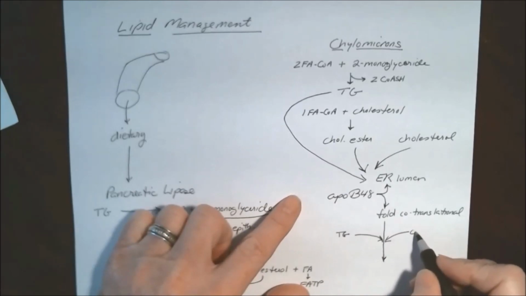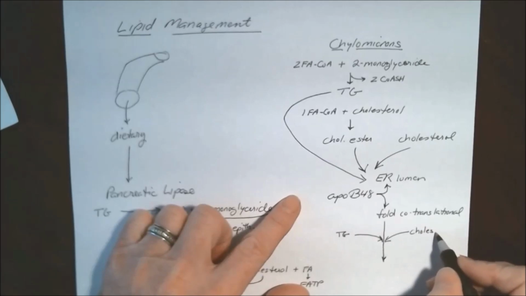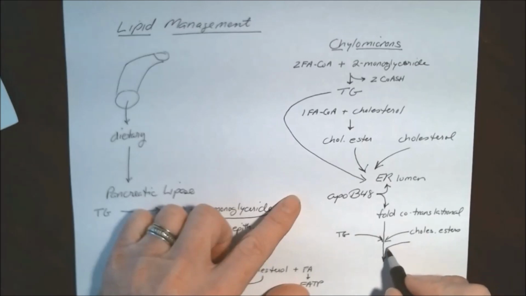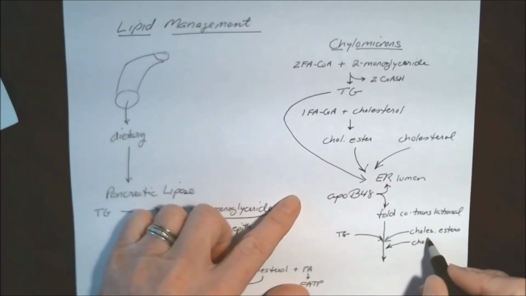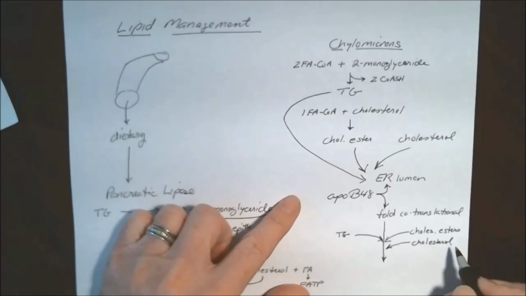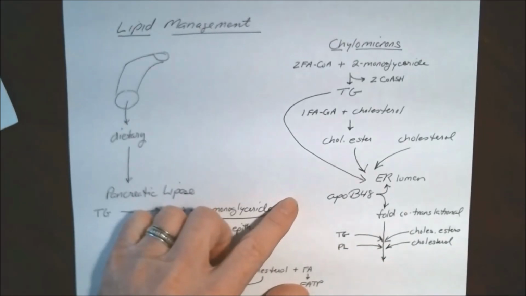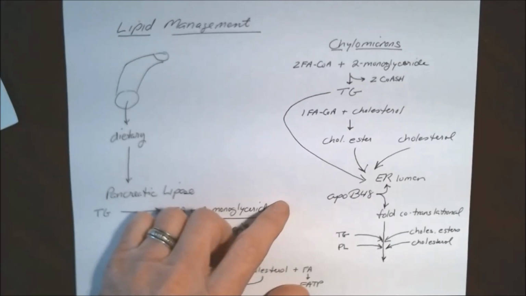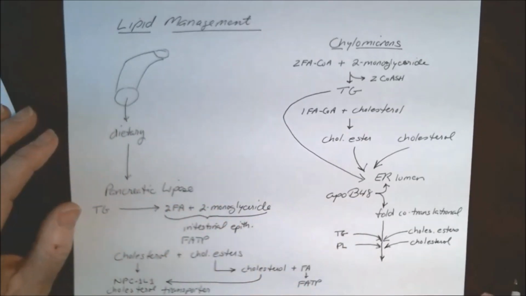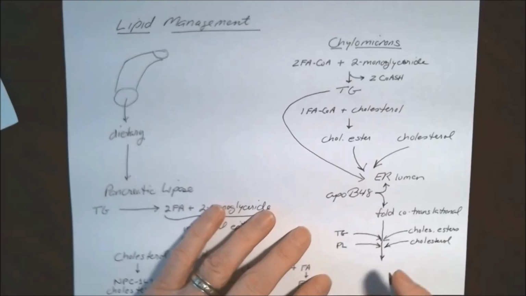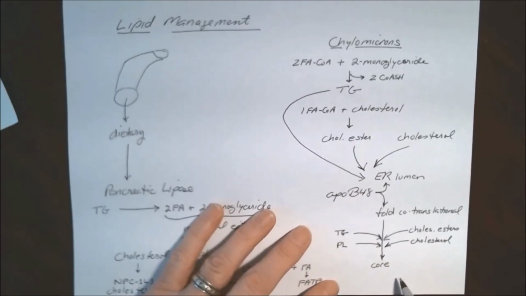It's also going to be adding cholesterol esters, free cholesterol that is available, and phospholipids. So the ApoB48, consider it like a serpentine structure, like a snake, and this thing is going to be weaving in and out of these fats, and all of these fats will be forming in the core of the structure.